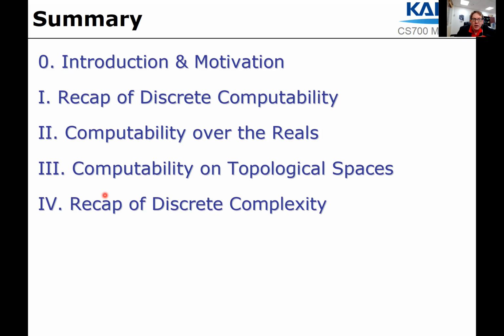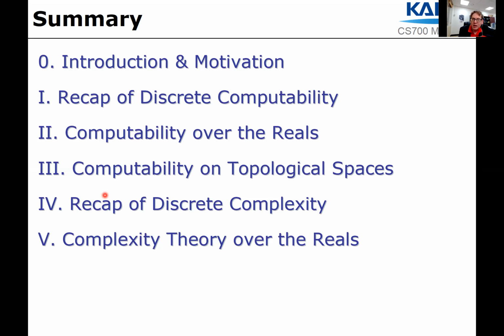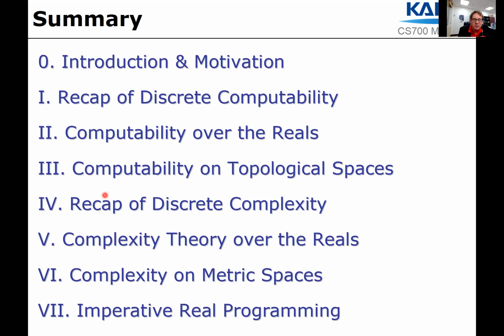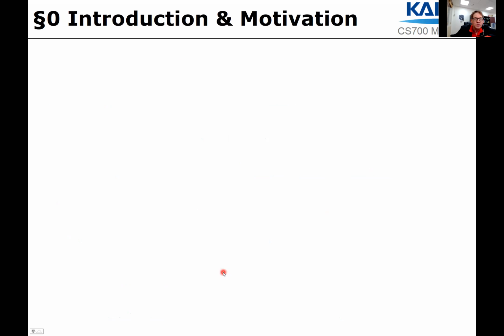Chapter 4 with a recap on discrete complexity theory. Chapter 5 with complexity theory over the reals. Chapter 6 with complexity on metric spaces. And chapter 7 about imperative real programming. So that's 8 chapters since 0 is also included. Let's have a look at the content of each of these chapters now.